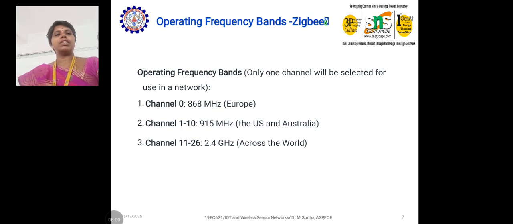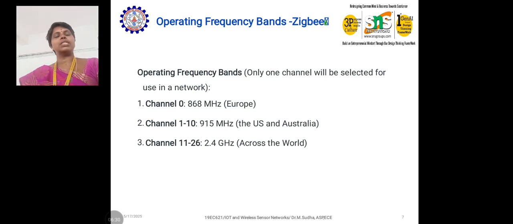We have channel 0, channel 1 up to channel 26, and likewise we can allocate the frequency bands: channel 0 is 868 megahertz, followed in Europe, channels 1 to 10 are 915 megahertz in the US and Australia, and channels 11 to 26 are 2.4 gigahertz across the globe.